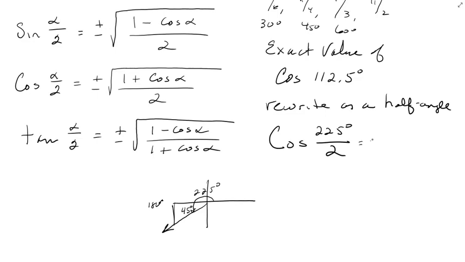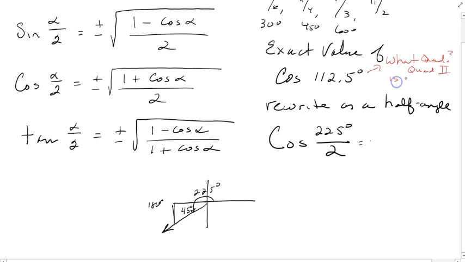Number one, this is what you want to ask yourself. I'm going to put these questions in red. What quadrant is your original angle in? My original angle is not 225. My original angle is 112.5. 112.5 itself is in quadrant 2.